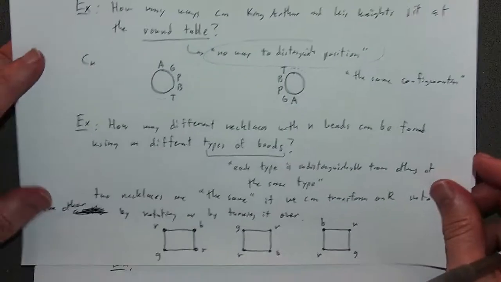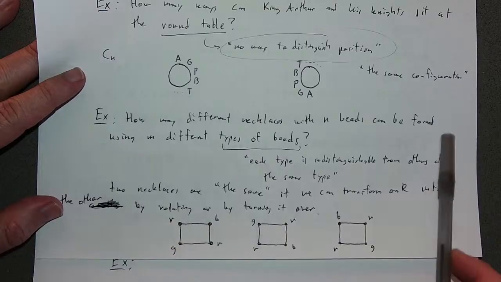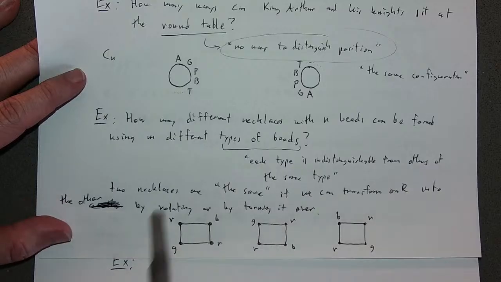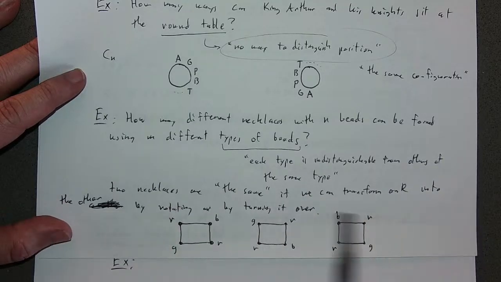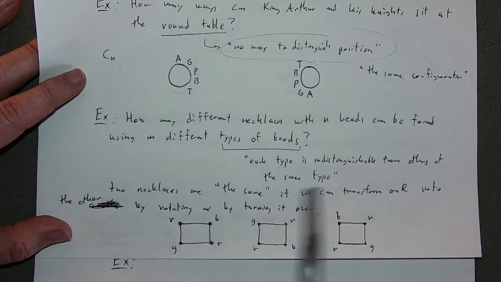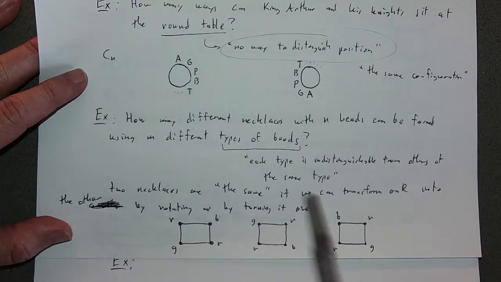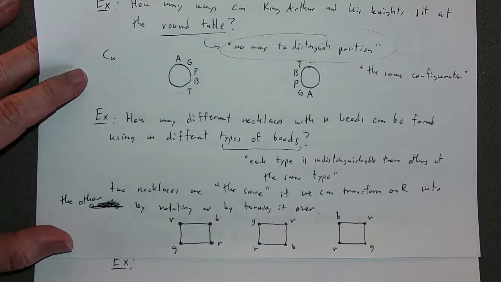Now, what about this second question? How many different necklaces with N beads can be formed using M different types of beads? In this question, I gave an example down here of a coloring involving 4 of these things. In this question, something is a little different.